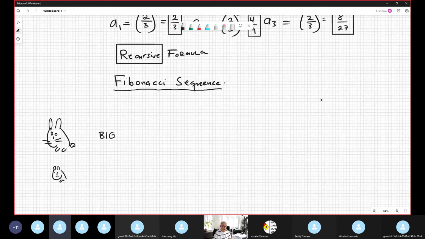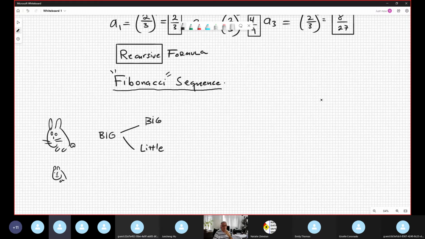Now the propagation model Fibonacci generated to study rabbits on the farm is this: one big rabbit reproduces, and gives me a child, a little one.